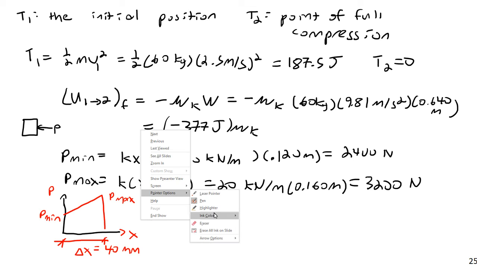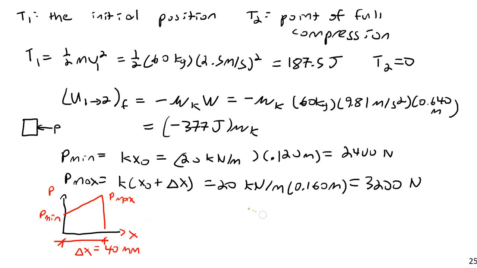the work done by these forces, or by the spring force, is again simply going to be the area under the force diagram. So this is the U from 1 to 2. And I'm going to call it the U from 1 to 2 E for elastic. And so let's calculate that.